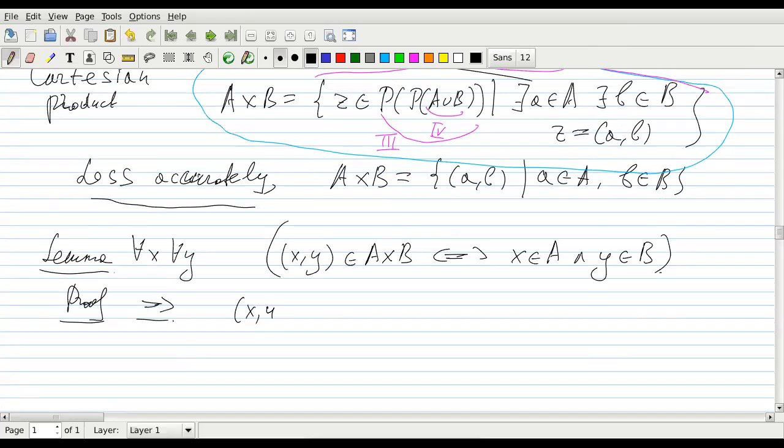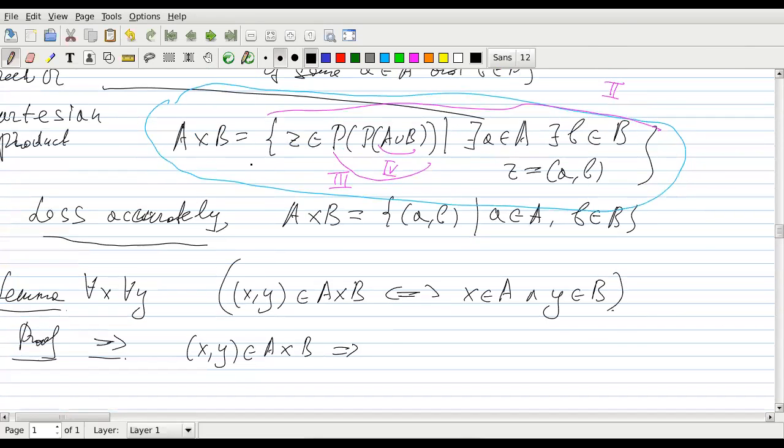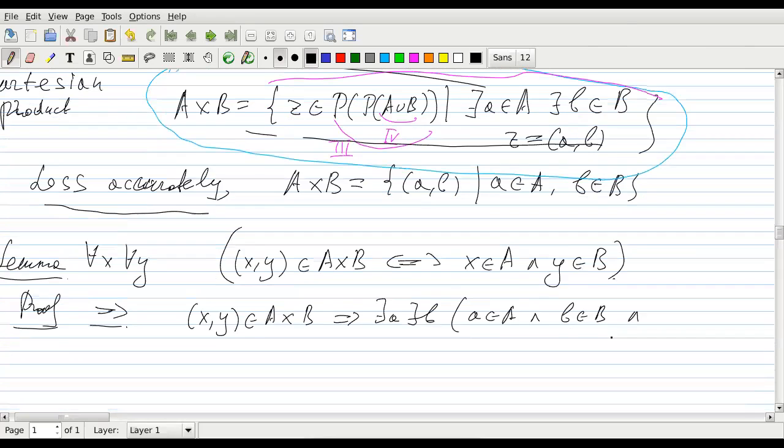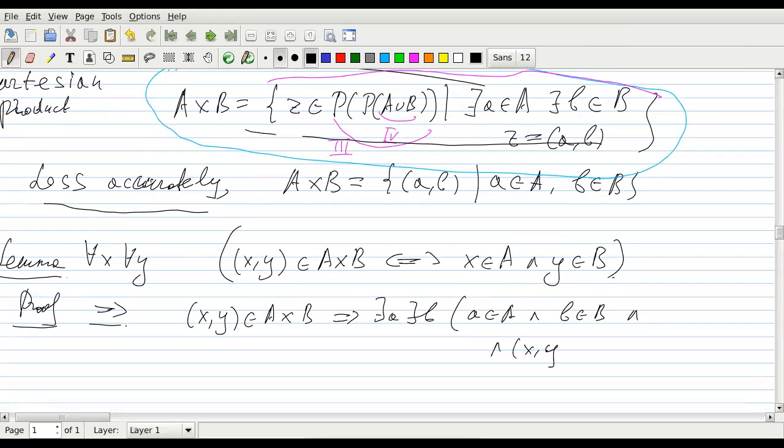What does it mean that the pair belongs to this set? According to the definition, that means that there exists a, there exists b, such that a is an element of capital A, b is an element of capital B, and our pair xy equals this pair.